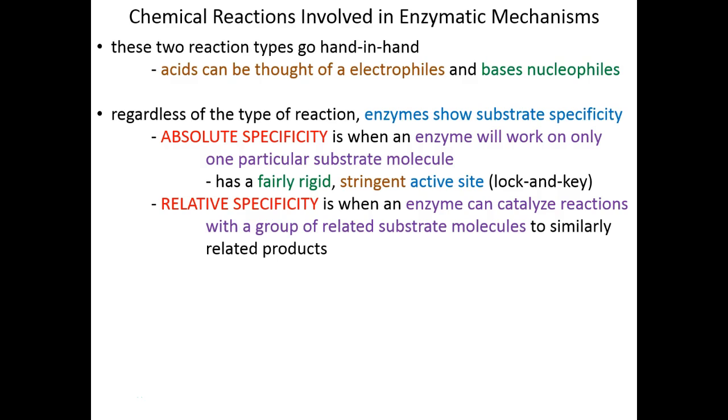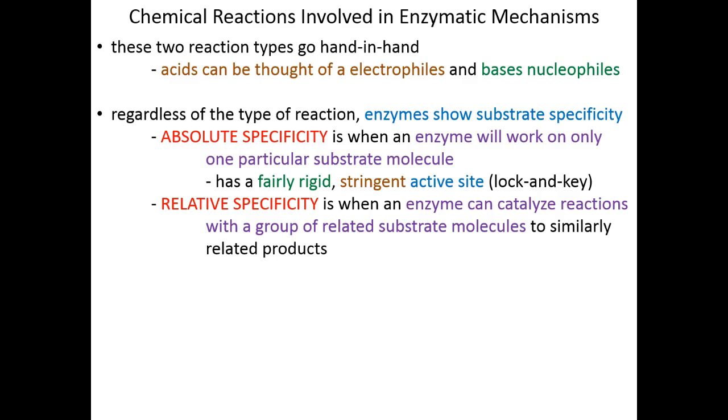Relative specificity is when an enzyme does a reaction, but it can do that reaction on a fairly larger, more varied and diverse group of related substrate molecules. Chymotrypsin, for example, shows relative specificity. It can cut the peptide bond on almost any protein as long as that peptide bond lies adjacent to a large and bulky nonpolar hydrophobic amino acid.